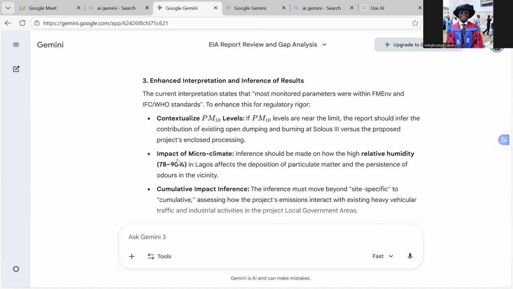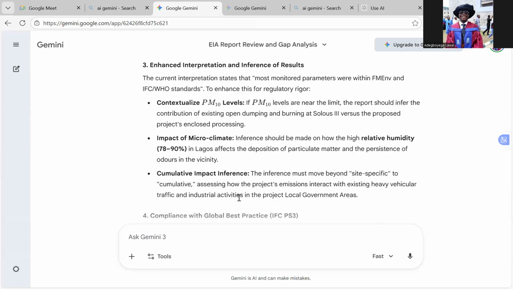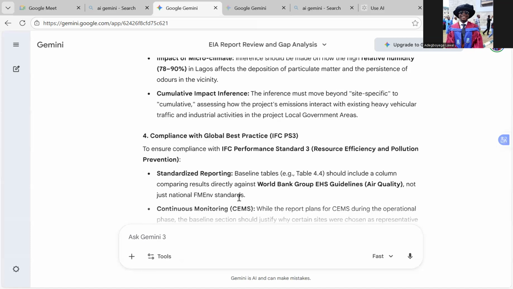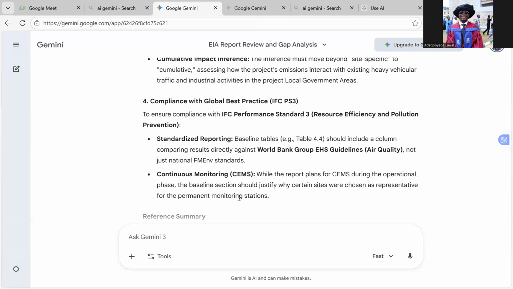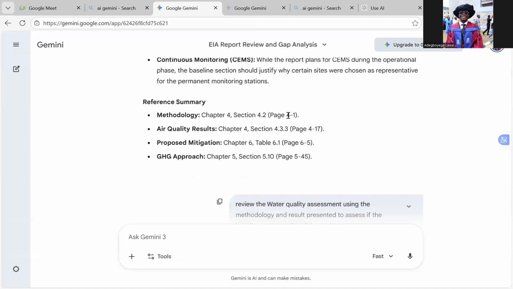The report says that there is high relative humidity, so there is need to provide inference of how this affects particulate matter and odor. Also, cumulative impact and other areas. You can see compliance to global best practices at PS3, standardized reporting, continuous monitoring. These are the references to the pages and sections where they are.